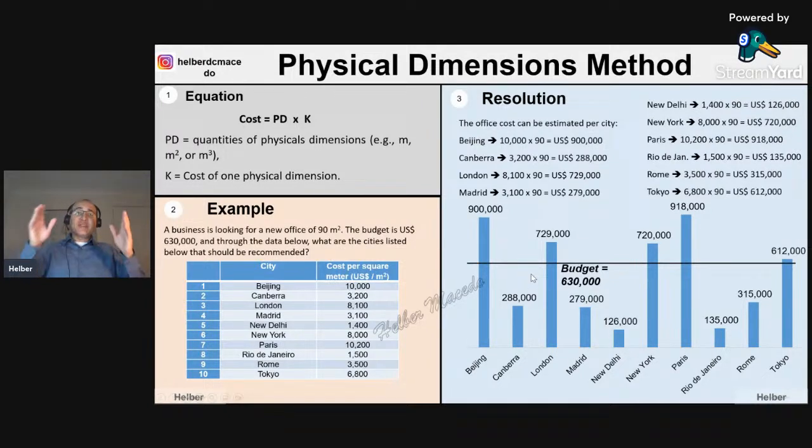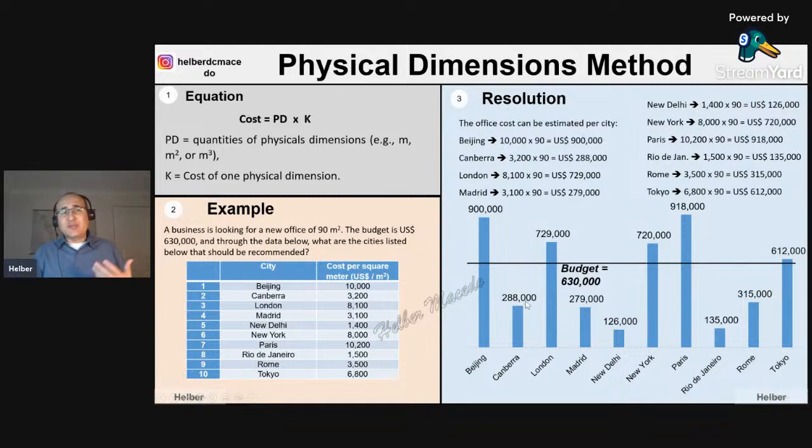After that, it's very simple. When you plot in this chart, in the histogram, each city, and you have a line with your budget here, you'll be able to see which cities you have enough money to buy this new office in, and which cities are not possible, that are very expensive.